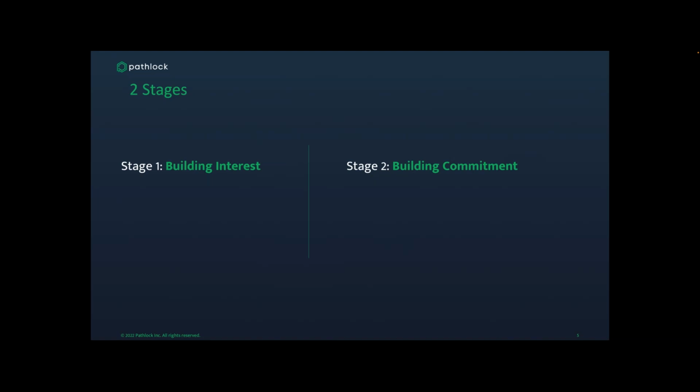Stage one is really going to be about building interest and sharing the value of what you have in mind. For example, perhaps it has to do with automating the user lifecycle management, automating the compliant provisioning process. And you'll go through and talk about the value associated with automating request and approval processes.